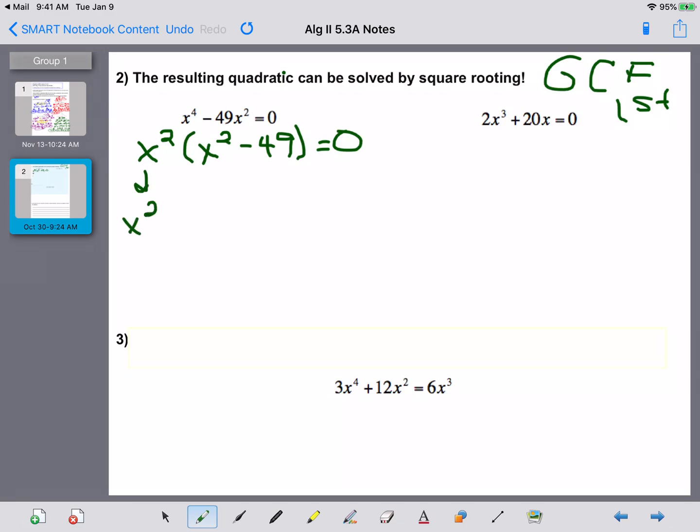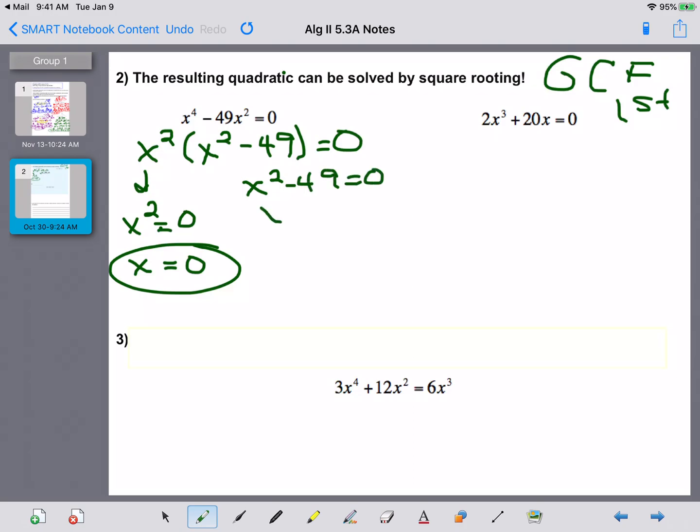We're going to have x squared being 0. When I square root that, I just get x equals plus minus 0, which is just 0. For the second part, I have x squared minus 49 could be 0. And to solve that, I'm going to add the 49 to the other side. And then I'm going to square root both sides.